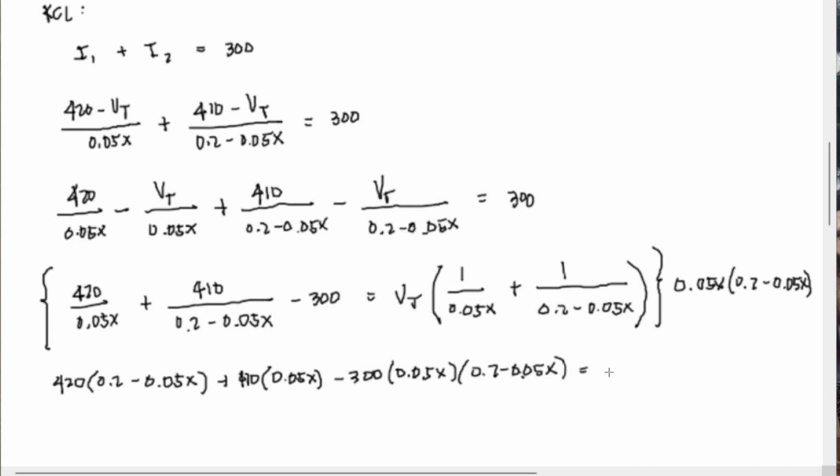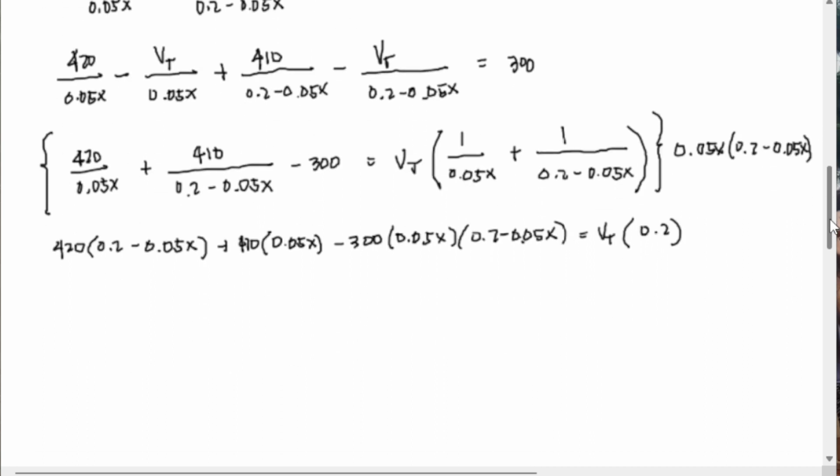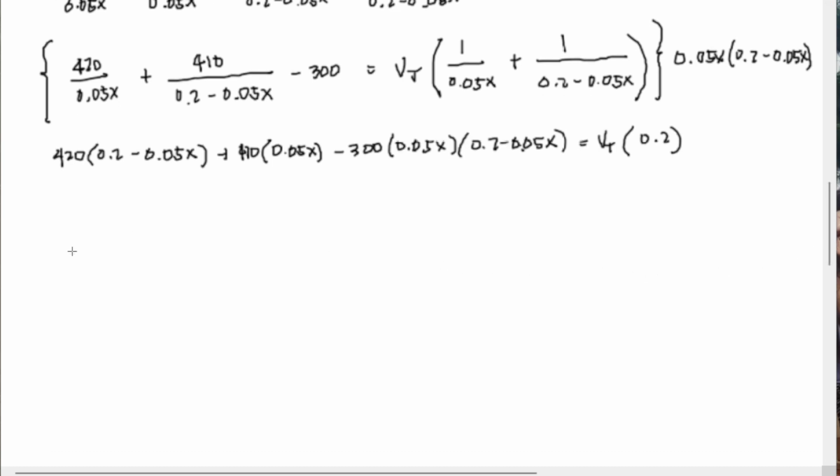So, dun sa kabila, VT. What will happen here, na-cross multiply lang to. So you have 0.2 minus 0.05x dito. Ito din, 0.05x. Yung 0.05x dun will cancel. Ang maiiwan is 0.2 na lang. Okay, simplifying the left side of the equation, so you have 420 times 0.2 is 84.